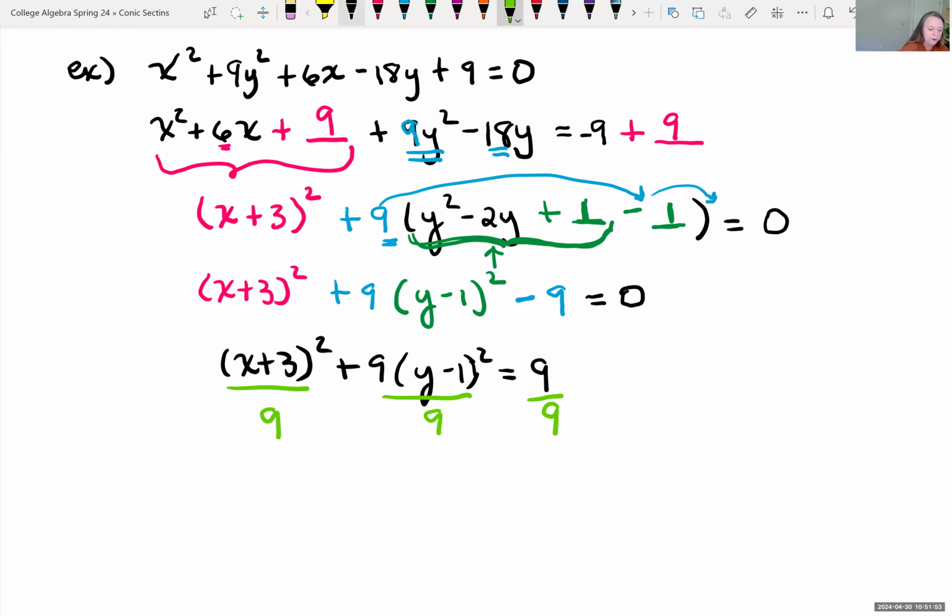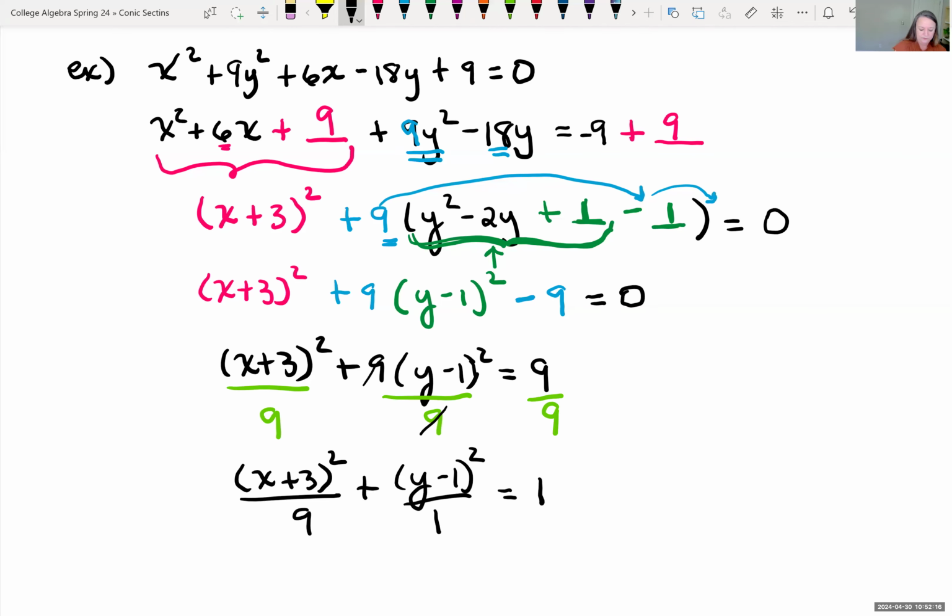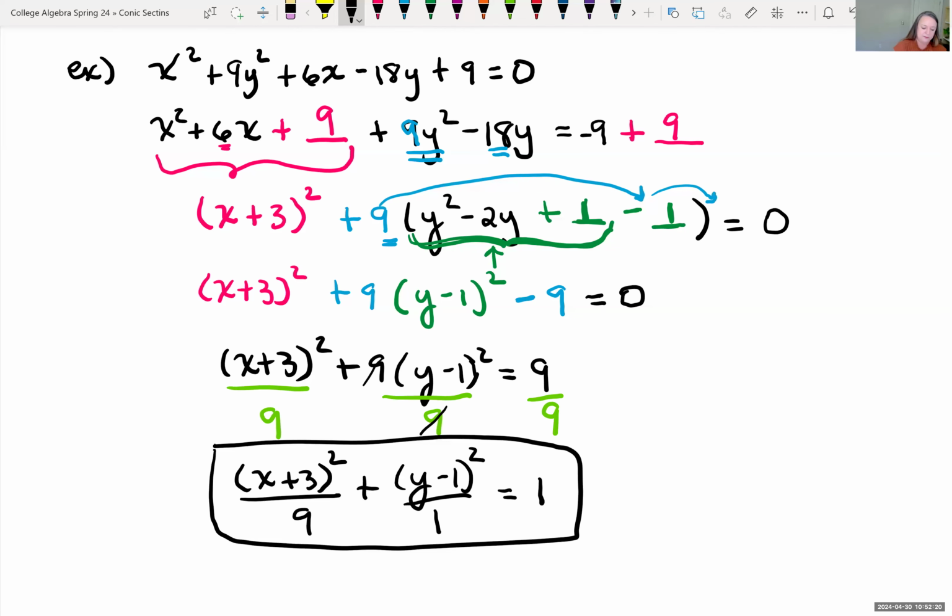So if we do so, we now have x plus 3 quantity squared over 9 plus y minus 1 quantity squared. So our 9's cancel. Just so you help see it, I'm just going to write a 1 down there, is equal to 1. Okay, so we're now in the standard form of an ellipse.